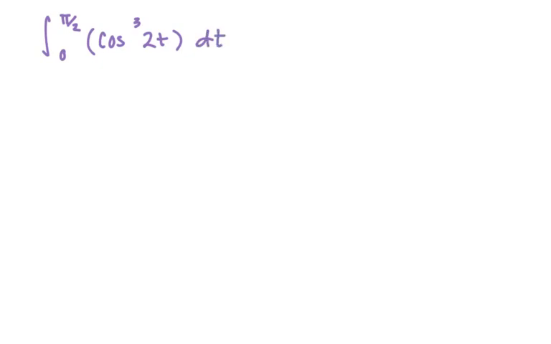So now this is an odd power of cosine. In order for us to integrate this, we're going to use double angle and some u substitution here. We'll say let u equal 2t. So that means du is 2 dt. And I'll change my bounds of integration. If I let t be 0, I get that u is 0.